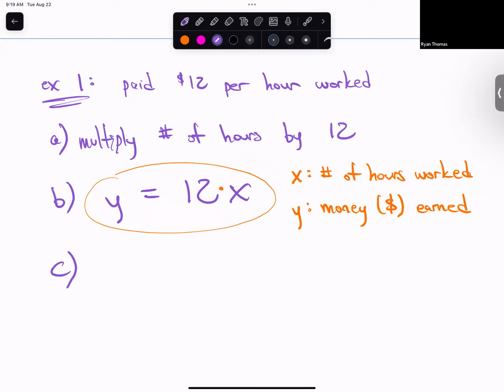So 12 times 25, and what's 12 times 25? 300, and those would be dollars. That's the number of dollars I should get on my next paycheck for working 25 hours.